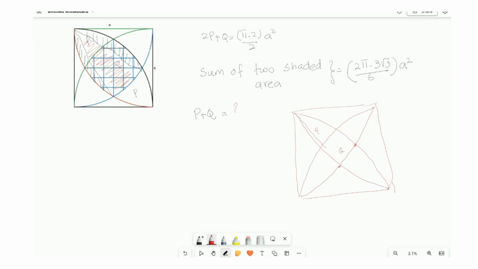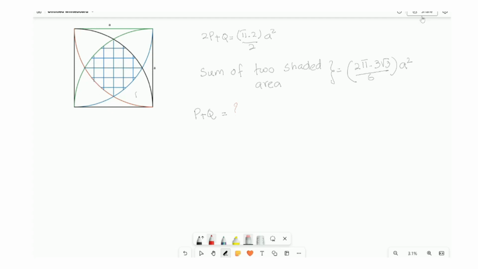Now, if I draw this line and this line, I'm sorry that my drawing is too bad, I can draw it again. Okay, I will draw it here.